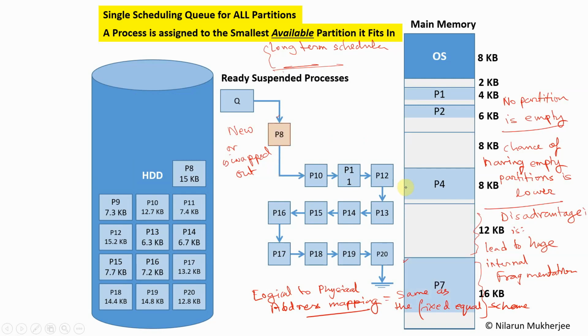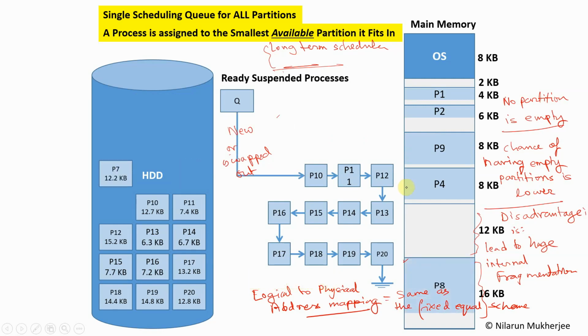So here there will be less chance of having an empty partition, because all of them are put into a single queue. Most of the partitions will get allocated by some process, but there will be a huge internal fragmentation.